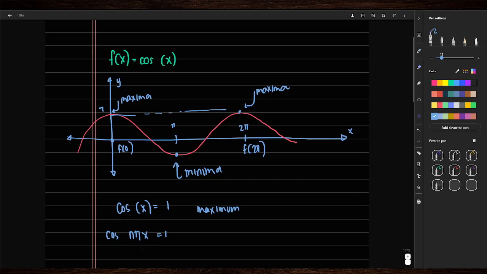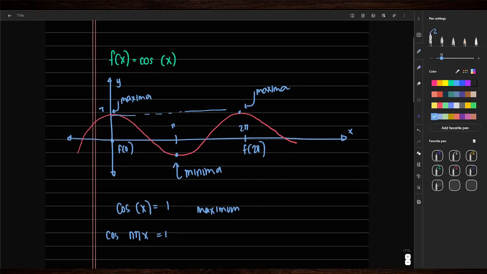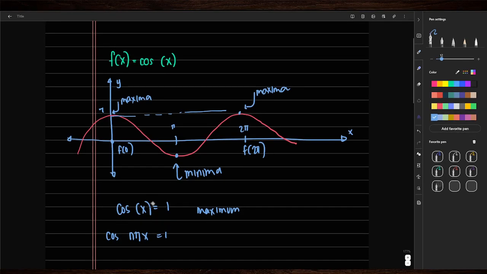So when n is equal to 0, this becomes 0.